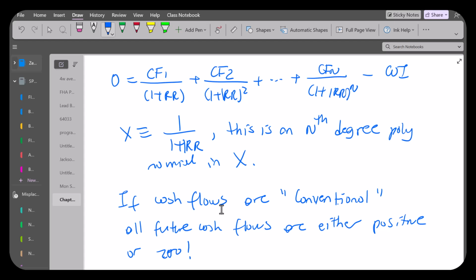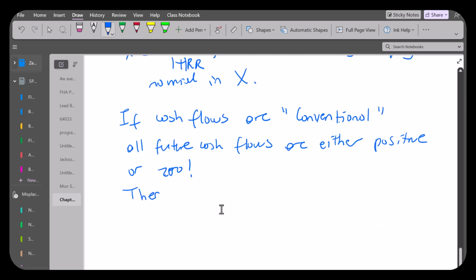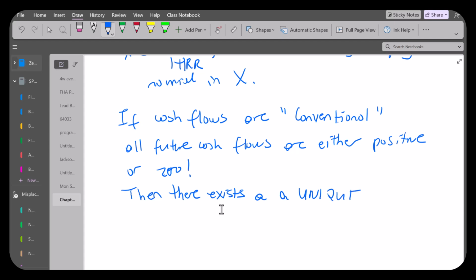If that is the case, we know mathematically that there exists only one real solution to this problem. There exists a unique solution to this problem.